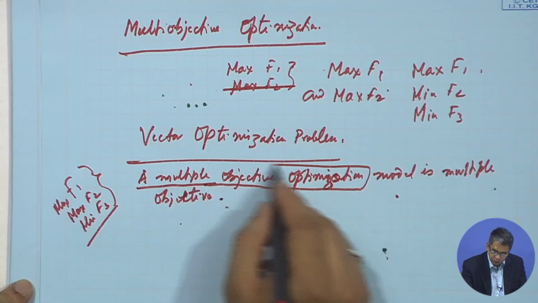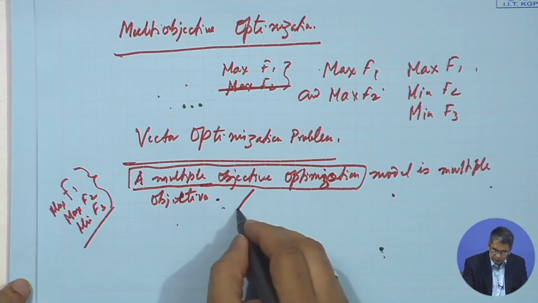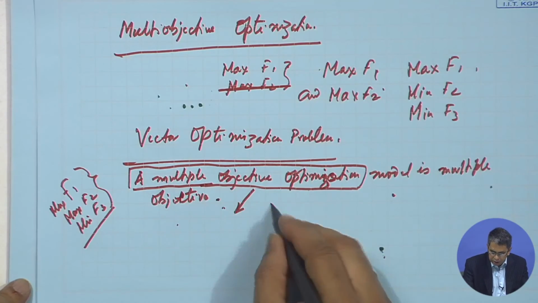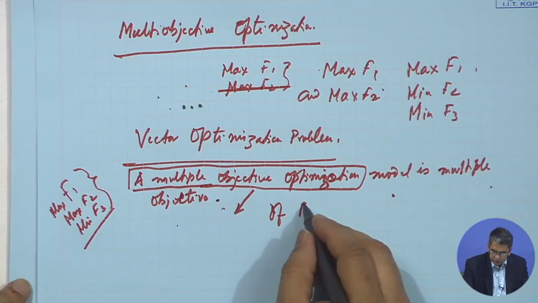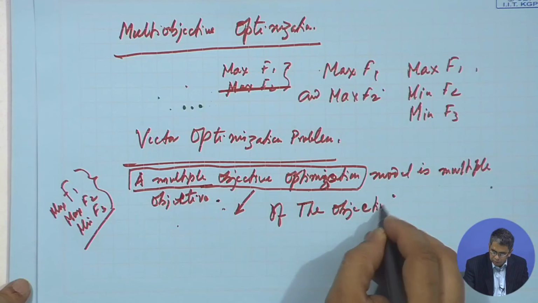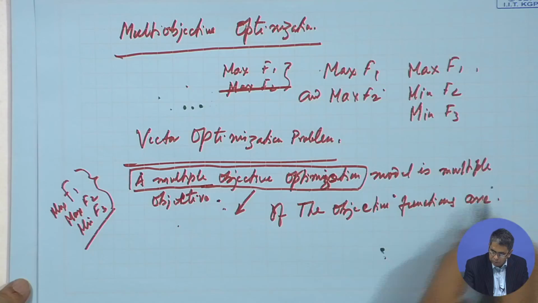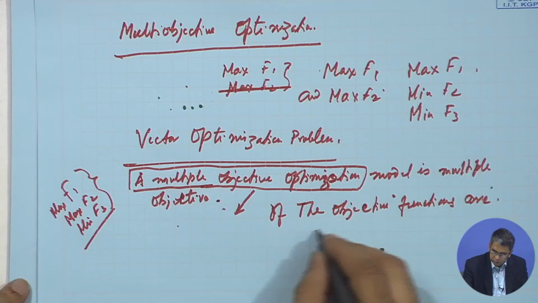So that is the question, and this is very important to understand: it is a multiple objective optimization if, say, the objective functions are actually conflicting.